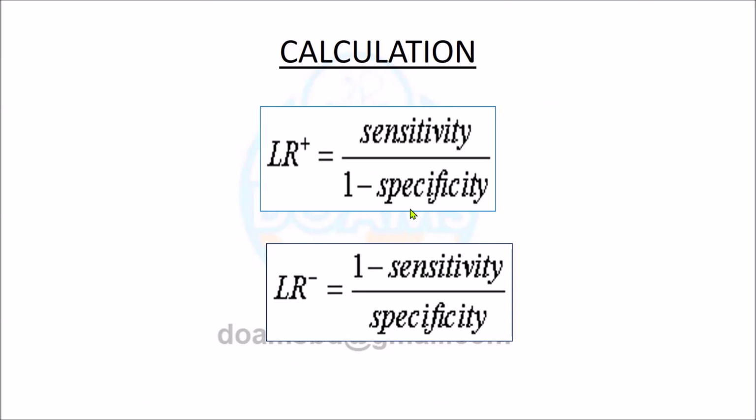Try to remember it in this way, and you will remember it later also. So LR positive is sensitivity divided by 1 minus specificity, and LR negative is 1 minus sensitivity divided by specificity. Sensitivity by specificity is fixed; the only changes are the 1 minus.